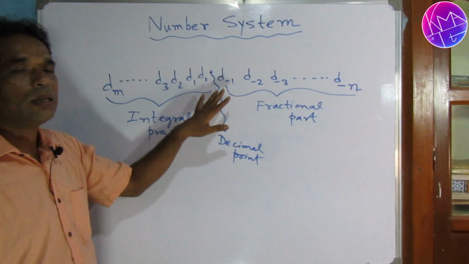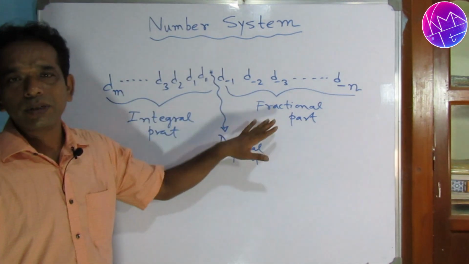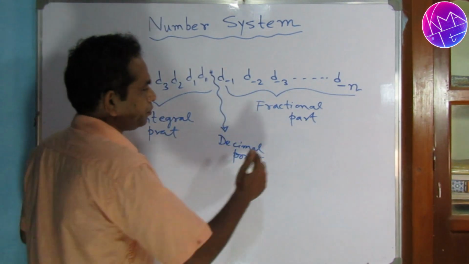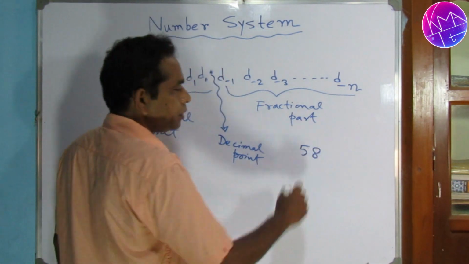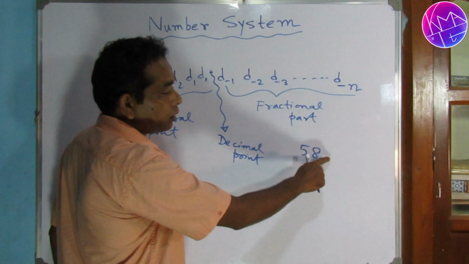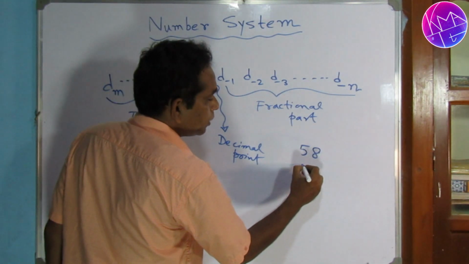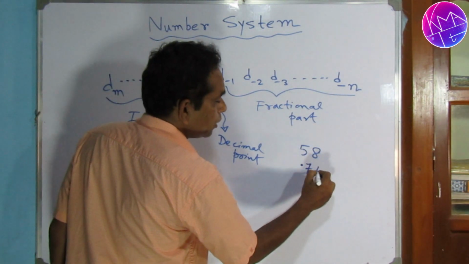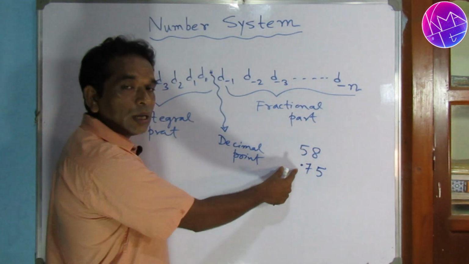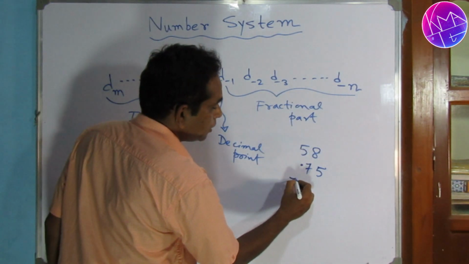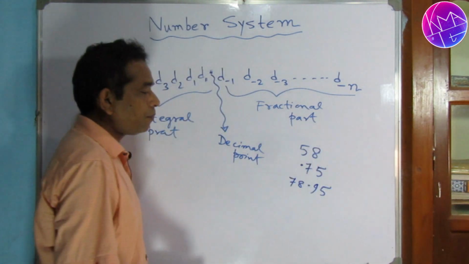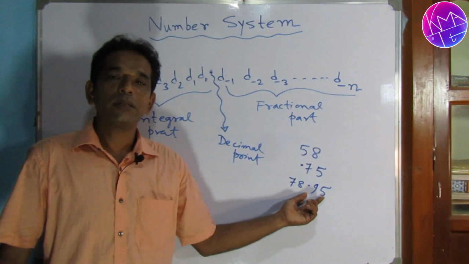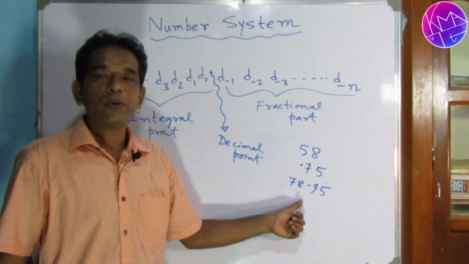And if we are writing a mixture of integral and fractional number, let's say 5 or 58, it's a pure integer, no decimal point, no fractional part. And whenever you are writing 0.75, you can see no integral part is there. And if you are writing 78.95, here you can see integral part as well as the fractional part, and the decimal point is there.